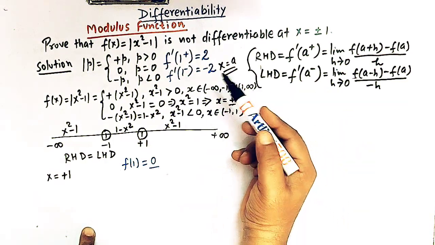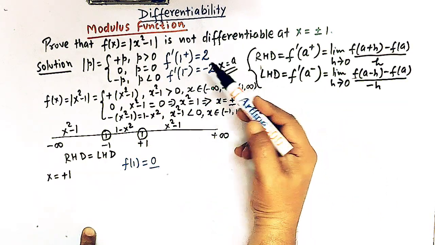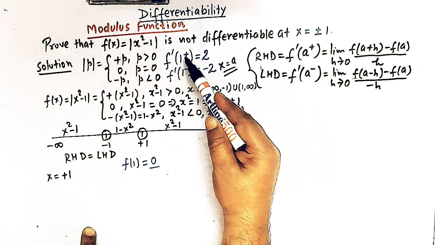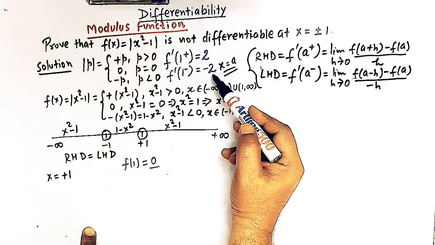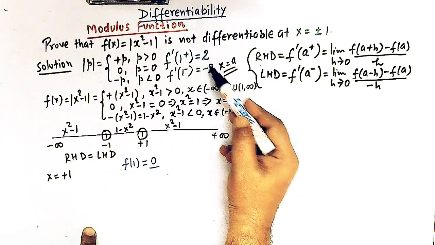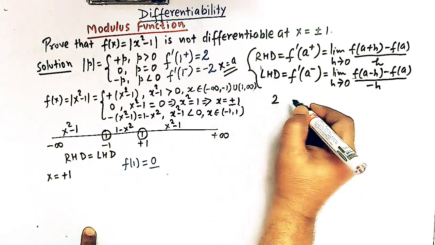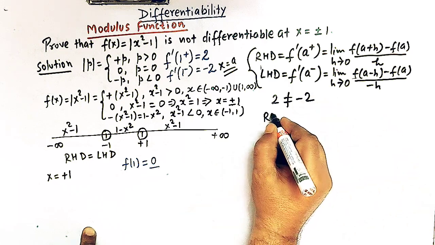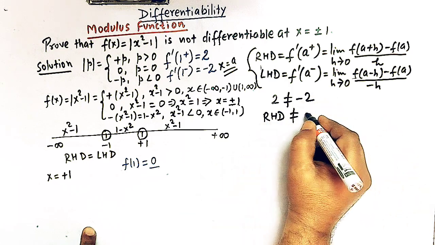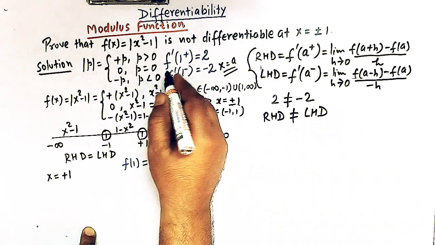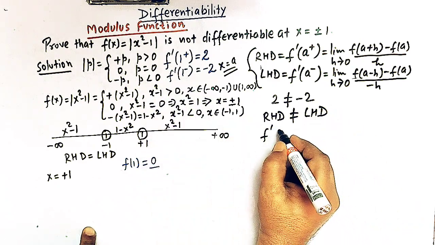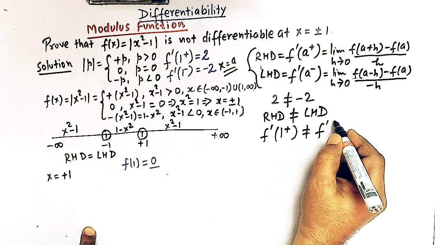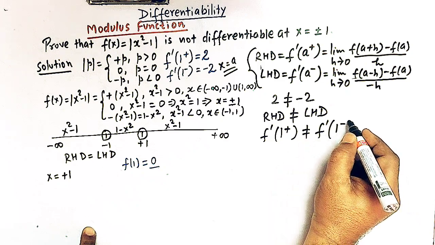So now we can conclude that although the right hand derivative and the left hand derivative both exist and they are finite, they are not equal to each other. That is, 2 is not equal to minus 2. So the right hand derivative is not equal to the left hand derivative, or we can write f prime of 1 plus is not equal to f prime of 1 minus, right?